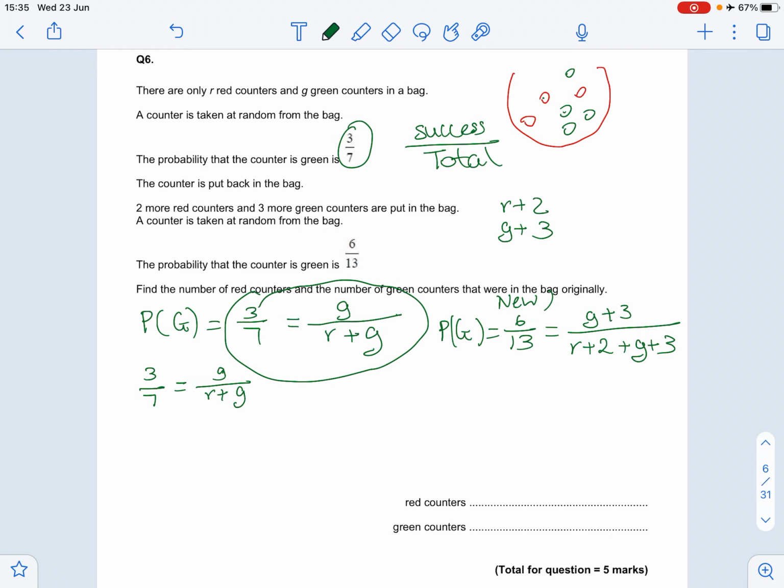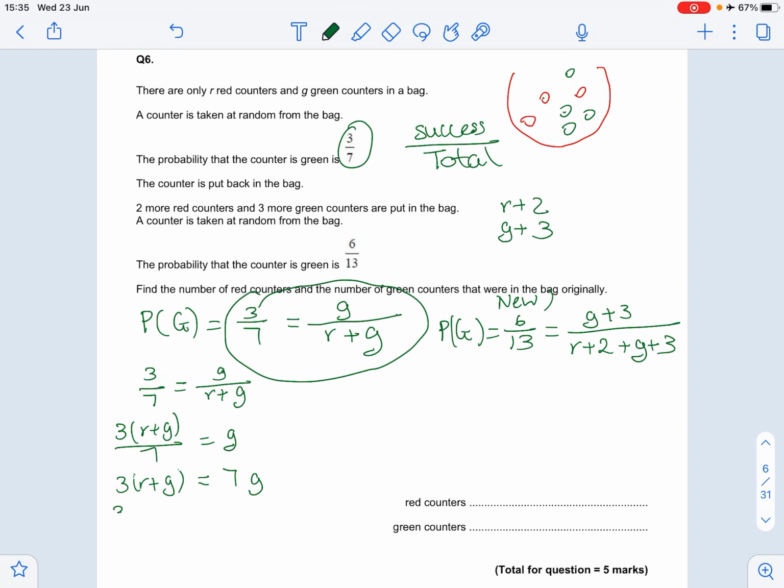So we have R plus G, so that's divide, so we need to multiply. So this becomes 3 multiplied by R plus G over 7 equals G. Then this is divided by 7, so we're moving to the other side, becomes 7G.